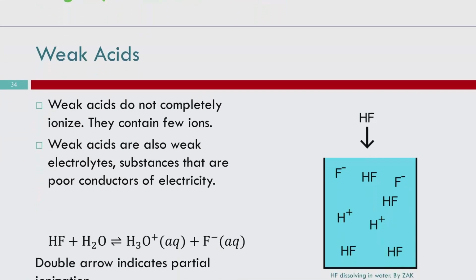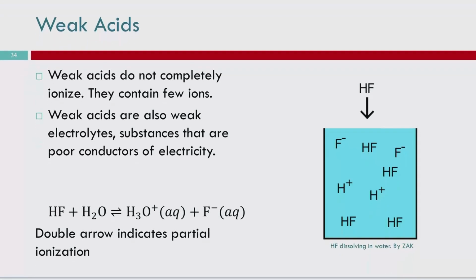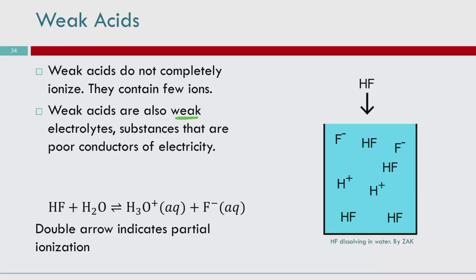Weak acids, on the other hand, do not completely ionize. They are weak electrolytes. They're poor conductors of electricity. And one of the ways that you can tell that they're weak is that we have HF units in the solution. Another way that we can tell, if we've got an equation, we've got the double-headed arrow.